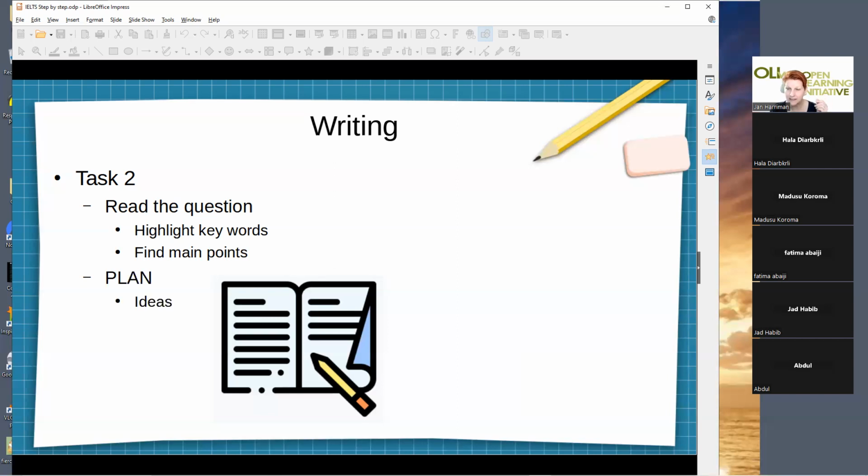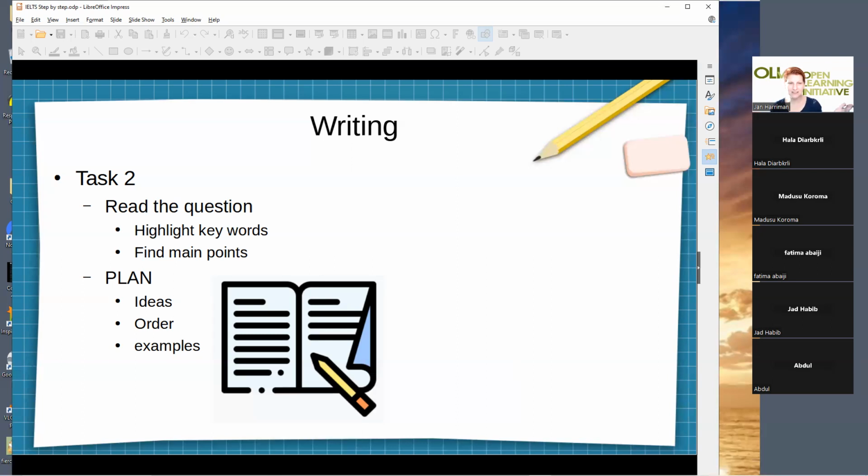And then plan. So get some ideas, write down as many ideas as you can think of, and then put them in order. And once you've done that, think of any examples that you can use to explain them.